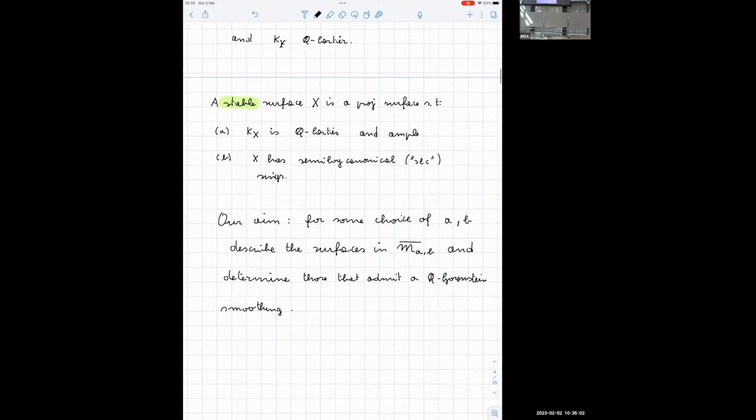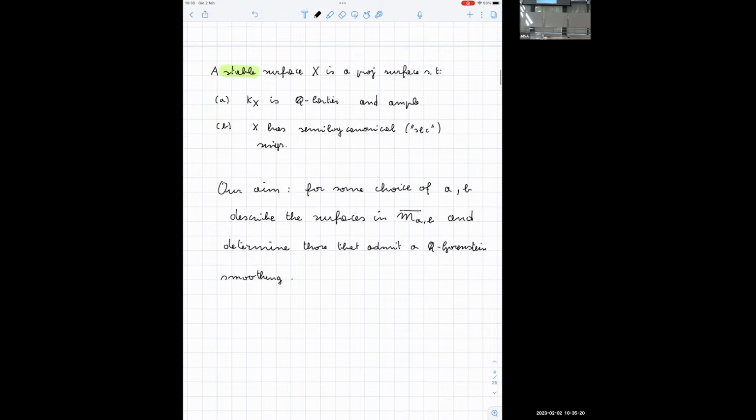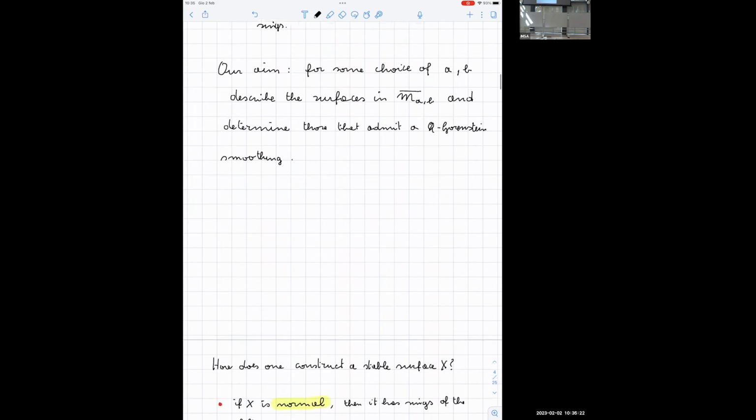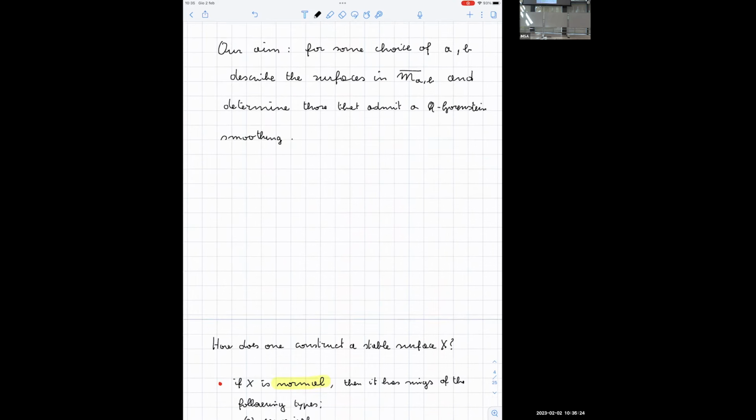The second condition is about the type of singularities we admit, the so-called semi-log canonical singularities, SLC for short. I'm not going to give you the definition, but possibly you already know it. I want to describe how you construct concretely examples of stable surfaces.